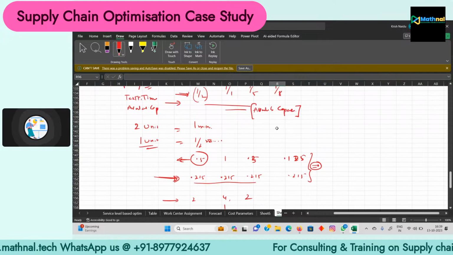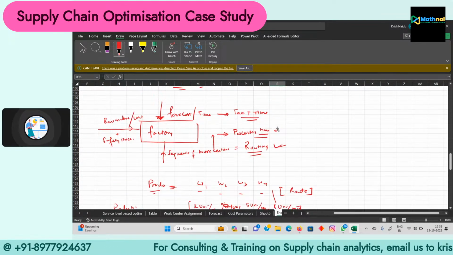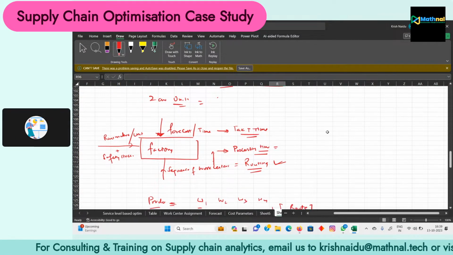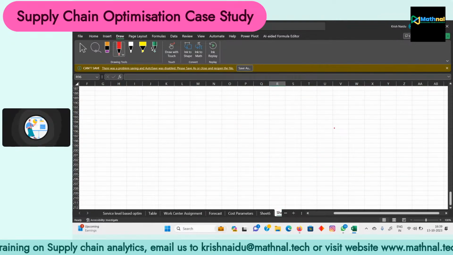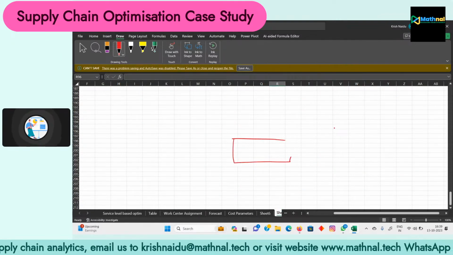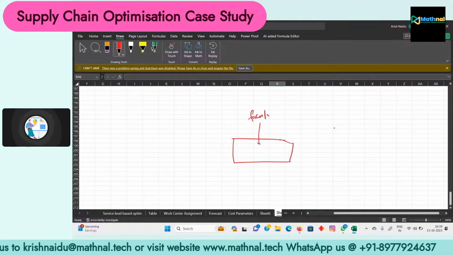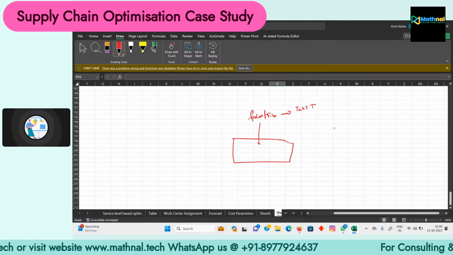So takt time is a very important metric and work centers are very, very important, right? Let's look at the new thing now. So we have understood our inputs. Once again, I format my input here. The input is forecast per unit time. We're going to convert this into takt time later.